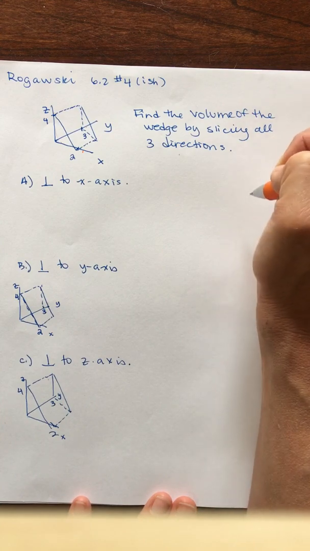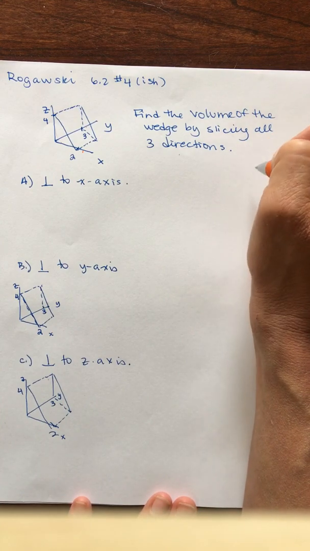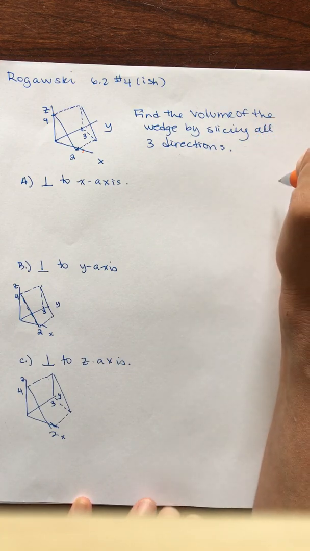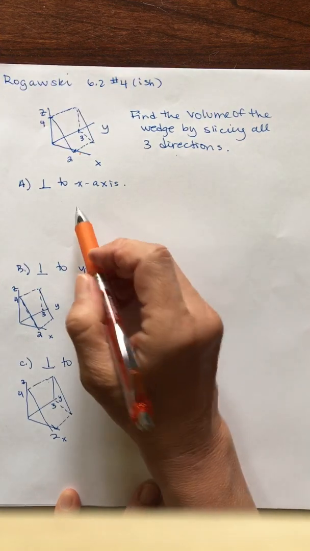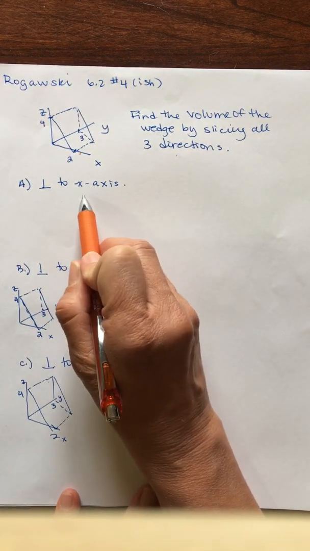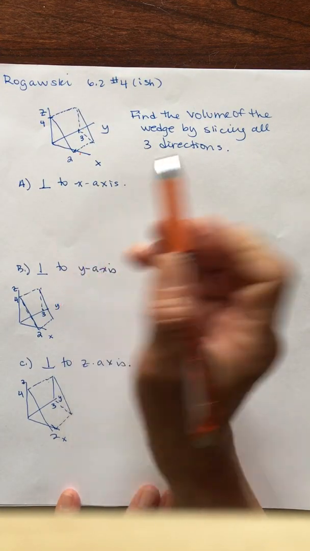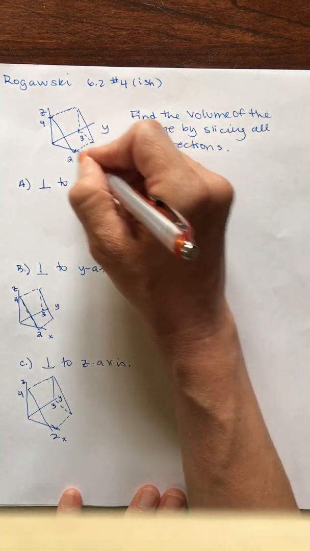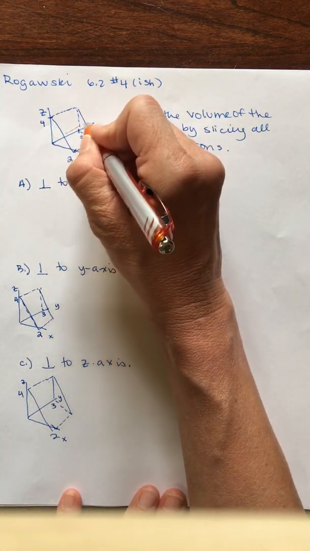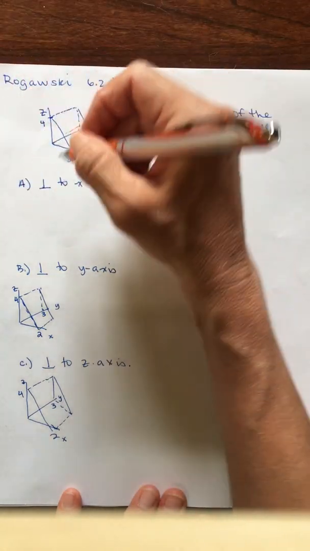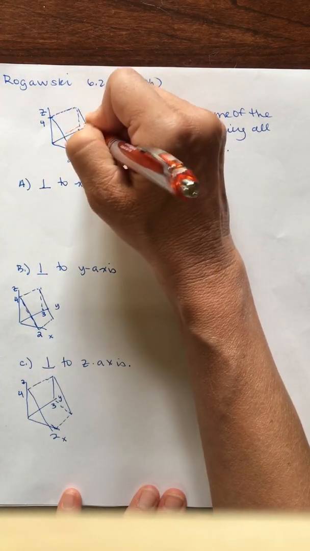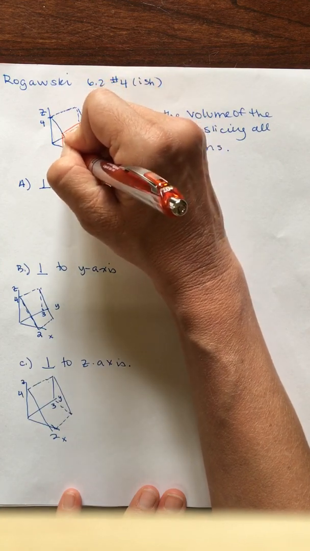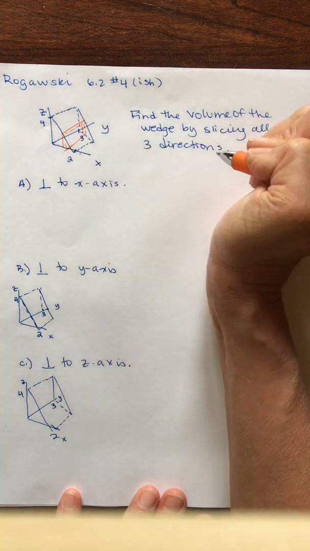So we're going to use that idea of finding the area, multiplying it by the thickness, and adding up all of those little volume slices. So first of all, we're going to cut it perpendicular to the x-axis. So let's imagine what that cross-section is going to look like. So here's my x-axis. If I slice down perpendicular to that, the shapes that we're going to get are going to be little rectangles, right?